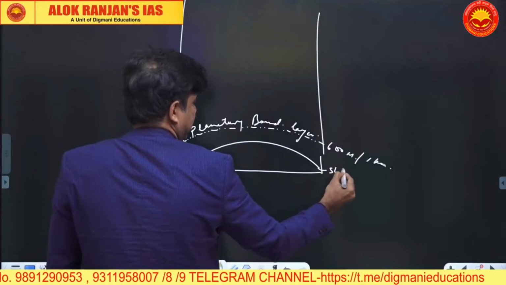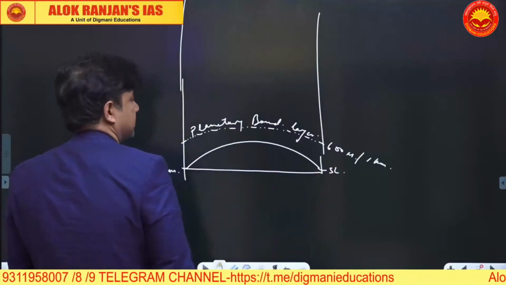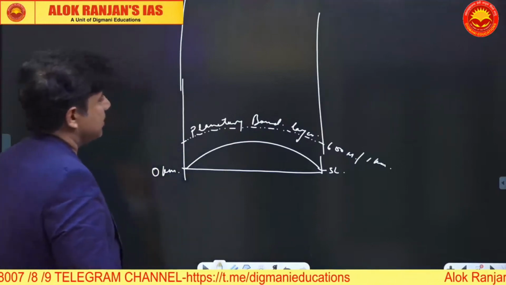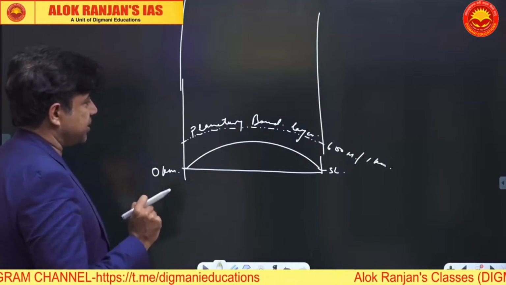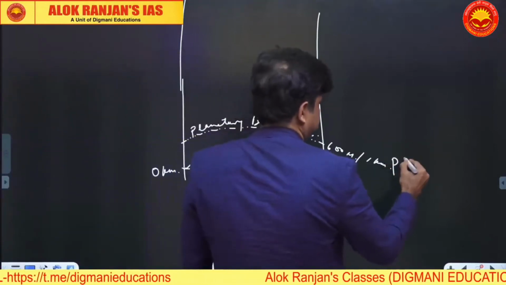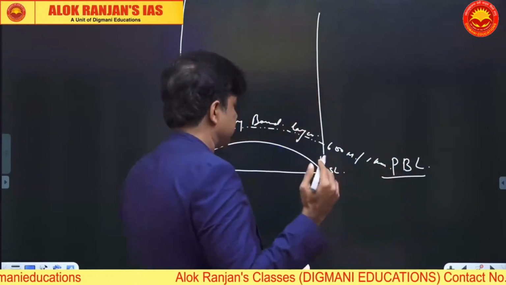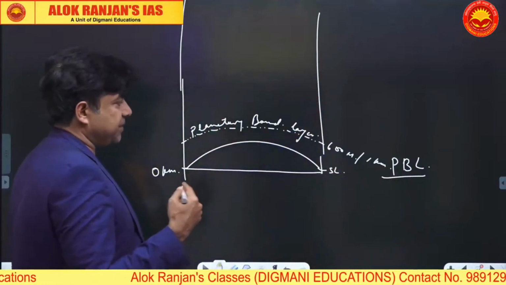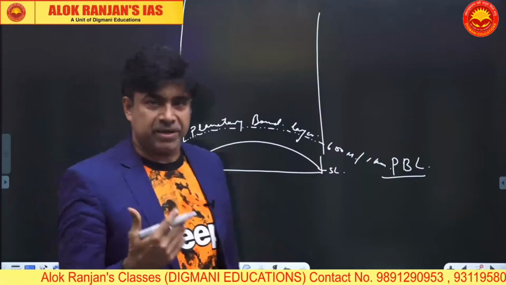This is your sea level, or 0 kilometer. So the first layer is the planetary boundary layer, or you can call it PBL. Please write: PBL is the imaginary line.